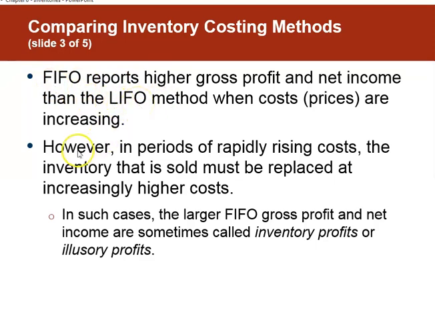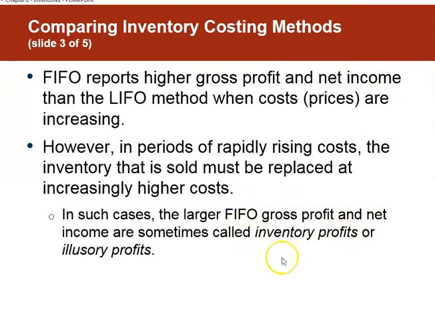So if prices are going up, the items that we're expensing under FIFO are less expensive than under LIFO. Okay? It says, however, in periods of rapidly rising costs, the inventory that is sold must be replaced at increasingly higher costs. So essentially this gross profit and net income, enjoy it while you can because it's not going to last forever.